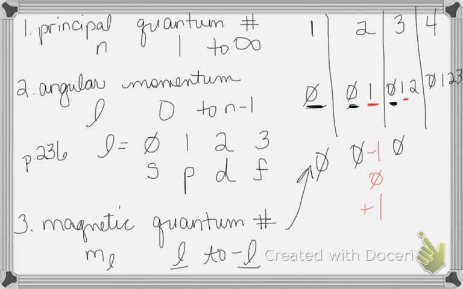If L is 1, then this can still be negative 1, 0, or plus 1. If L is 2, then that would correspond to negative 2, negative 1, 0, plus 1, or plus 2. Does that make a little bit of sense? Really short number lines. Like short number lines, always hitting just whole numbers.